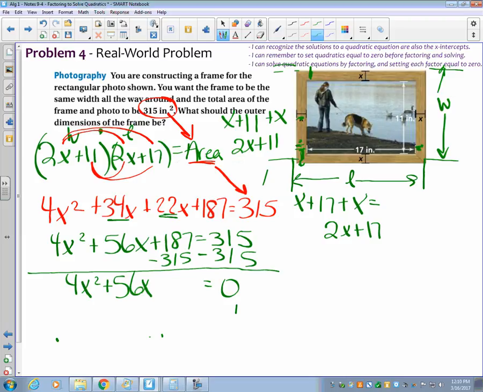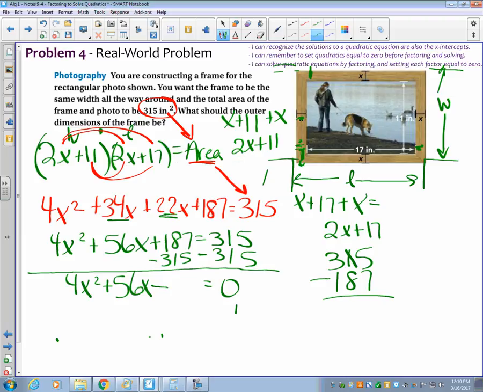Ladies and gentlemen, do not subtract them in this order. I've had some folks that were subtracting the numbers. You always want the larger absolute value on top. So it's going to be 315 minus 187. The 315 is the negative one, so our answer is going to be negative. But to get that value, we're going to put the big number on top.